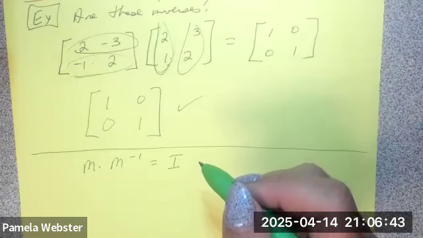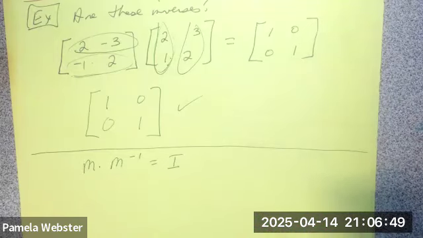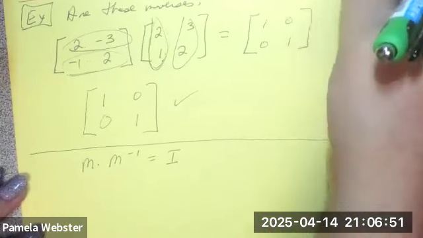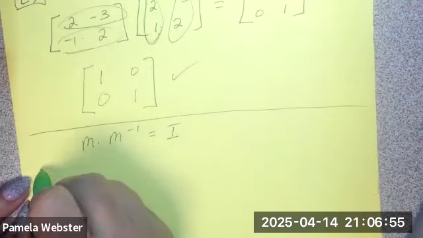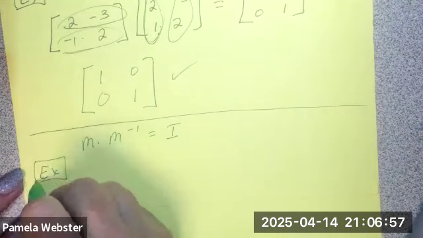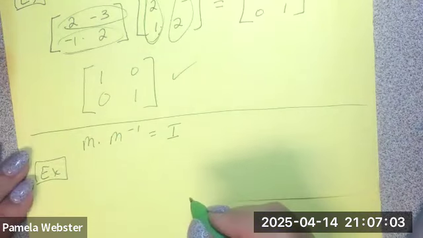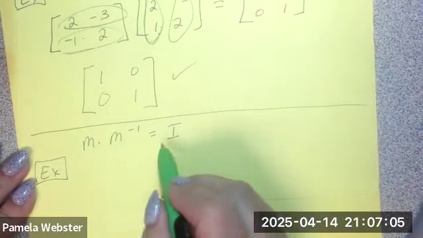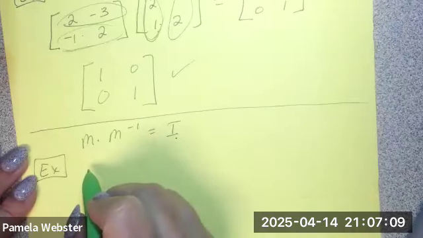But they figured out a long time ago that, hey, instead of trying to work it around until I get to the inverse, I can do this. It's going to be an augmented matrix, but instead of augmenting on the solution, I'm going to augment on the identity matrix. So here's what it's going to look like.